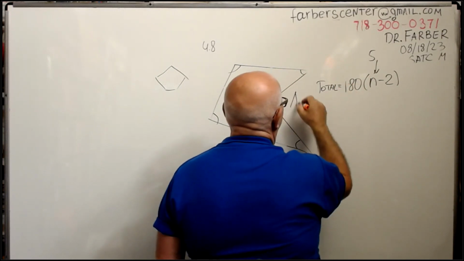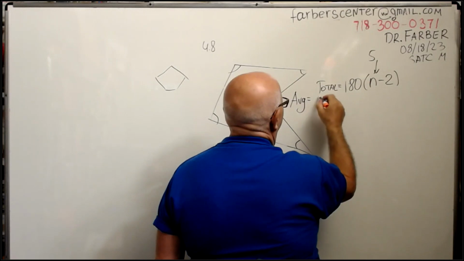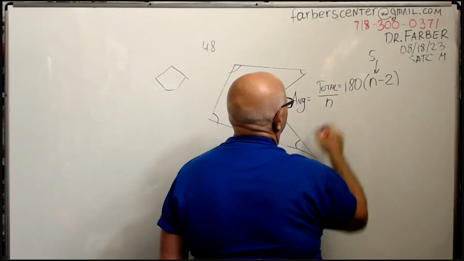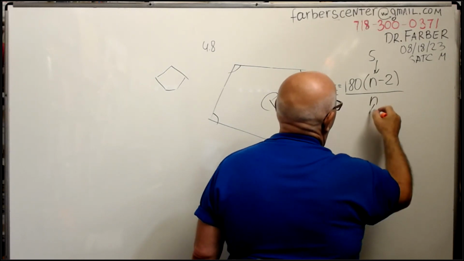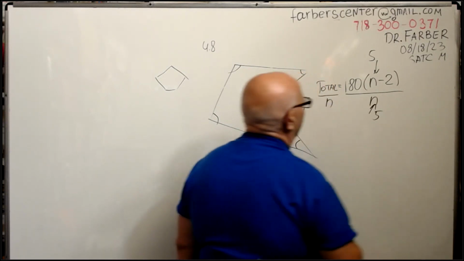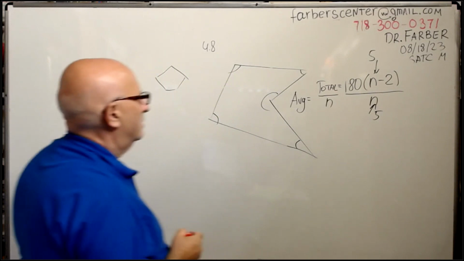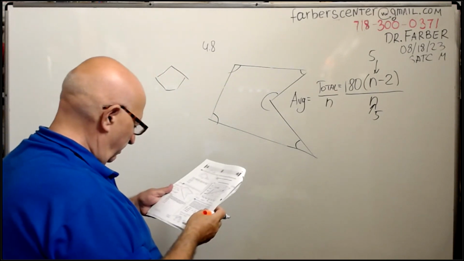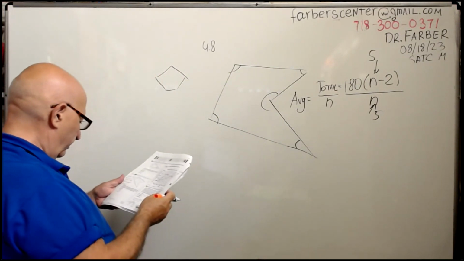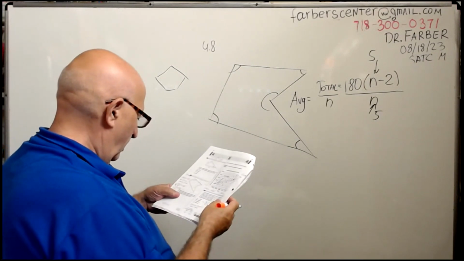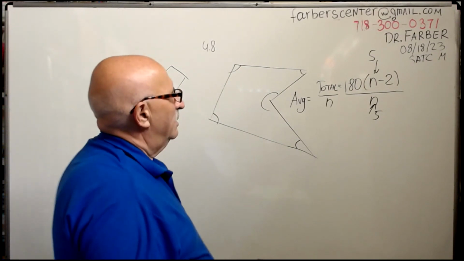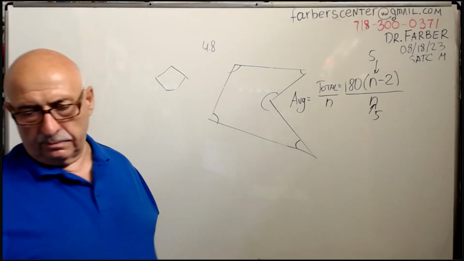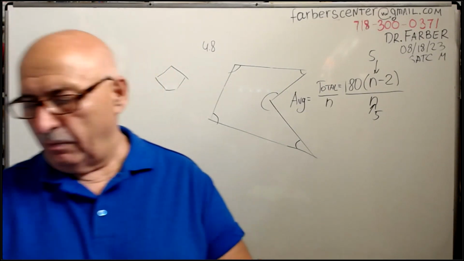And average equals total divided by n. N equals 5. Just plug in, you get the answer. They ask you to find the average. Any questions? Remember we did this kind of problem in 4th grade?